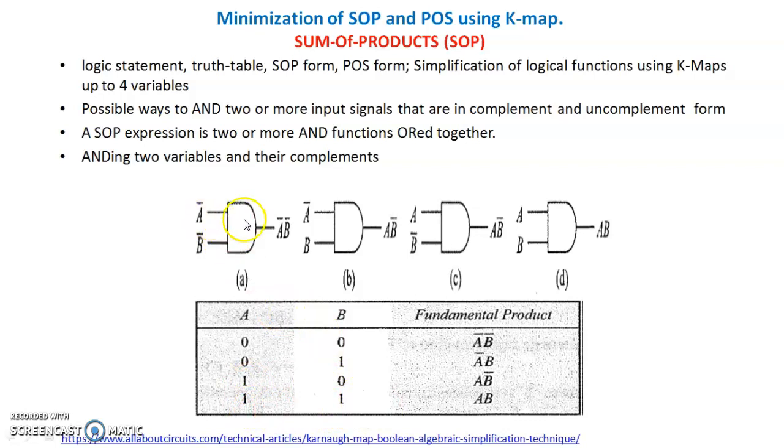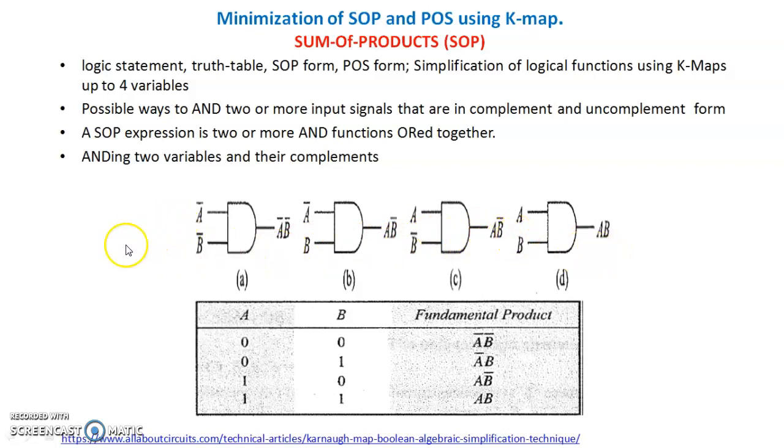Sum of product means, suppose there are four examples given here: A bar B bar, A bar B, A B bar, and A B. So when we want to add all these terms, we write the expression like Y is equal to A bar B bar plus A bar B plus A B bar plus A B, like this way.